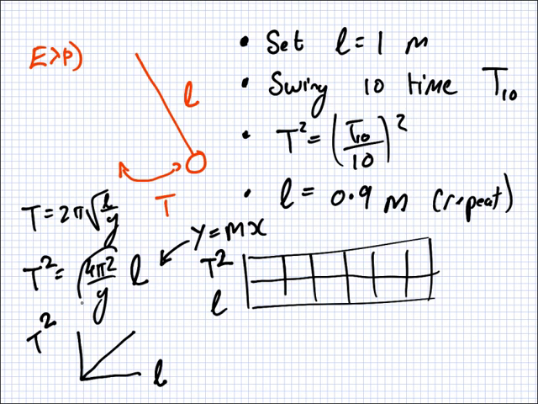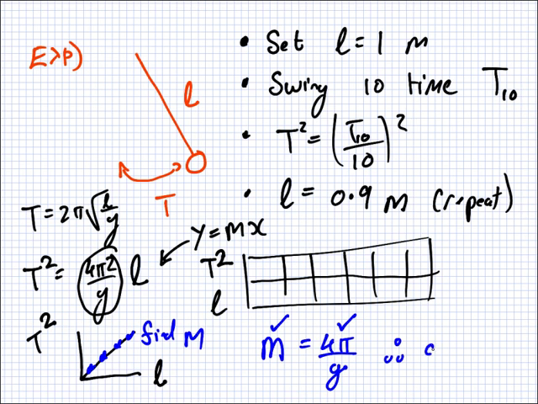So what does this represent? The gradient, yeah. So in the experiment you plot these points and you find m. Then your m will equal 4 pi squared over g. So therefore you can estimate g. The value of g will be, sorry, 4 pi squared over your gradient.